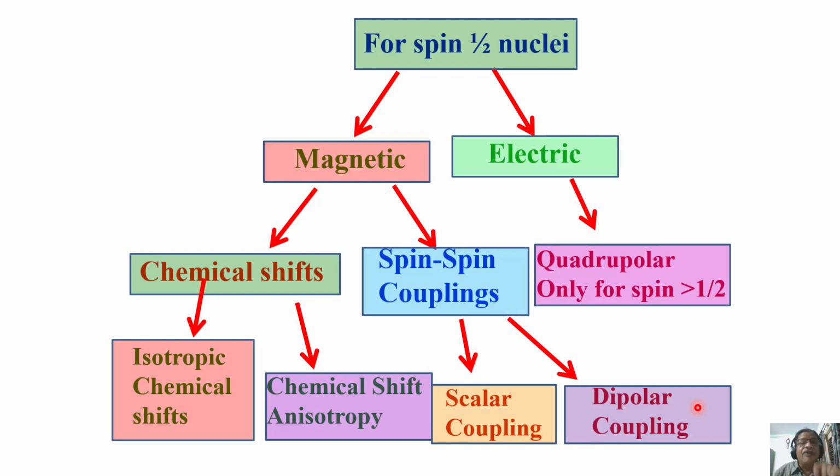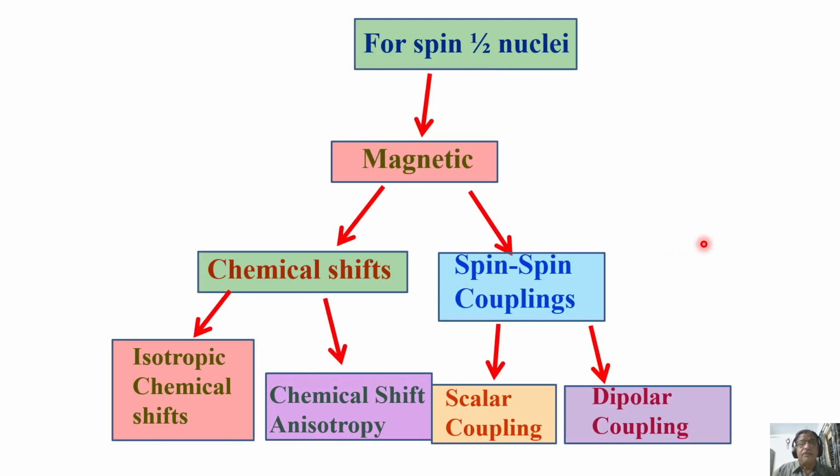When it is spin-half nuclei, what did I say? The electric interaction coming from the quadrupolar coupling must be 0. It should not exist. That will disappear. So for spin-half nuclei, the electric interaction is 0. We have only magnetic interaction, which I have already classified into 2 parts, chemical shifts and spin-spin coupling.